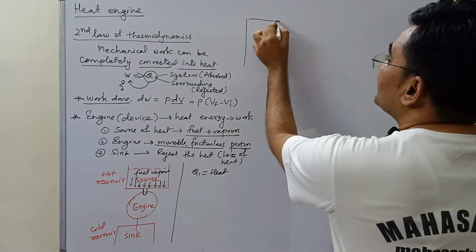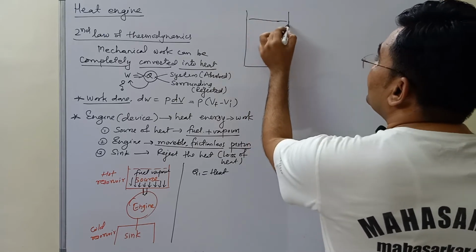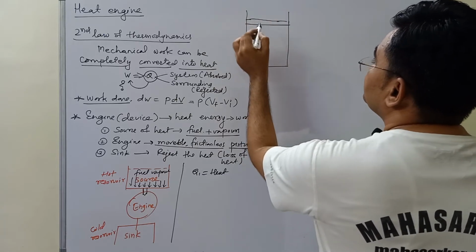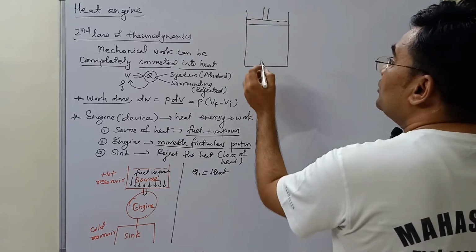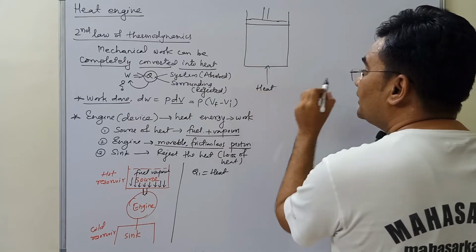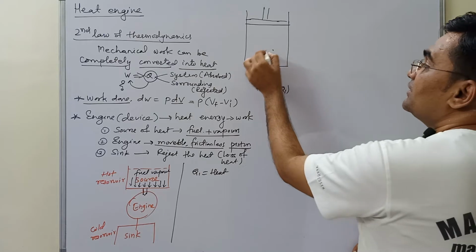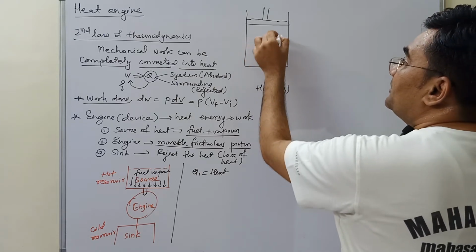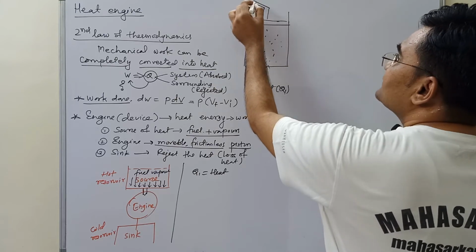It may be consisting of one cylinder, okay, with the piston. Now suppose heat Q1 is provided from this side. So here the system, and this piston is connected to the axle like this.